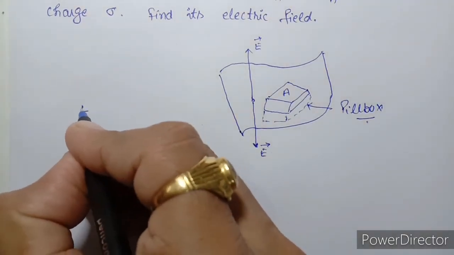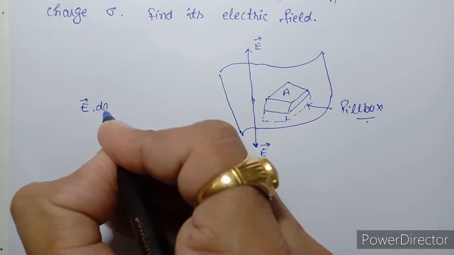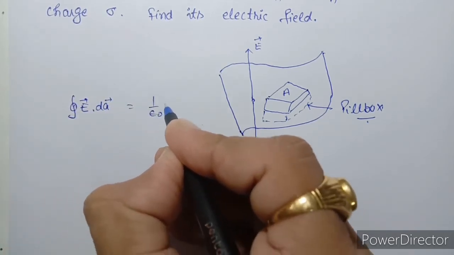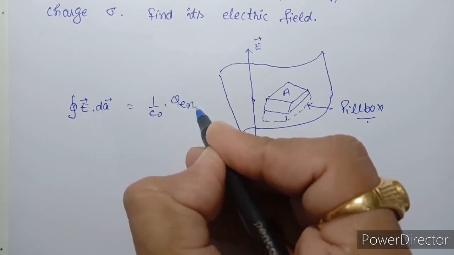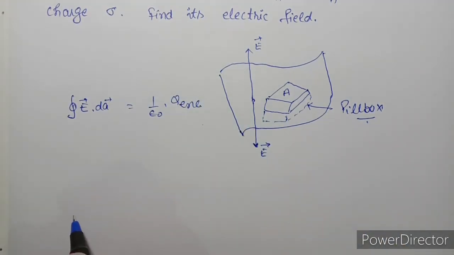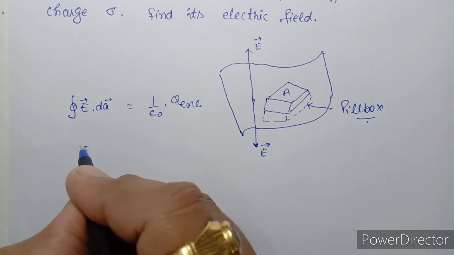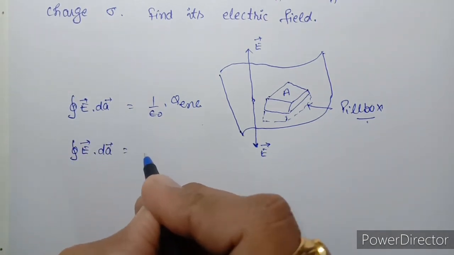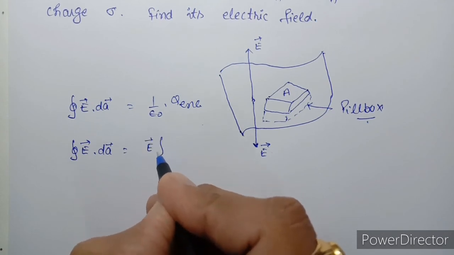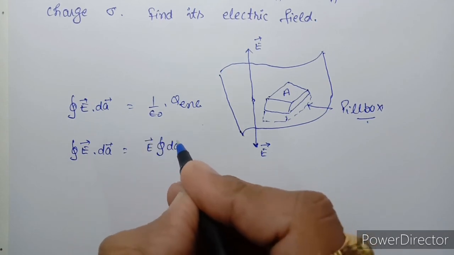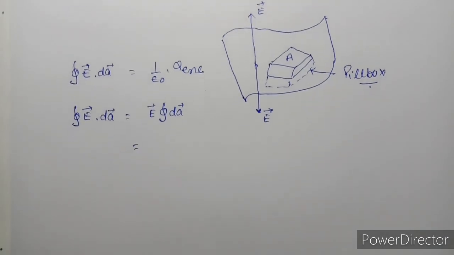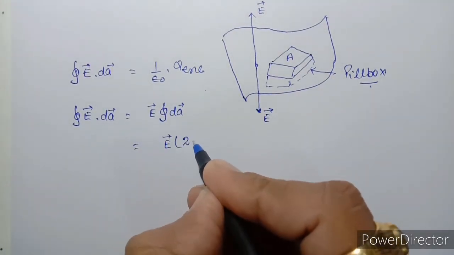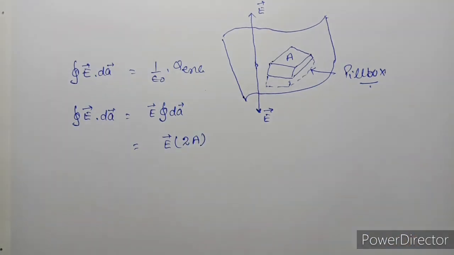According to Gauss's law, the integral of E dot dA equals 1 over epsilon naught times the total charge enclosed. So here E dot dA is equal to E times dA, and in this case the total area is 2A. Why 2A?